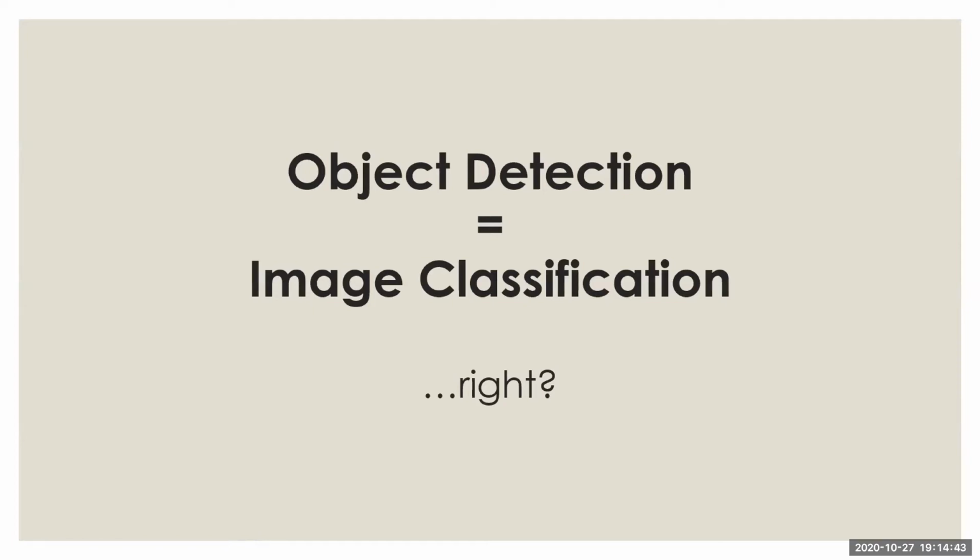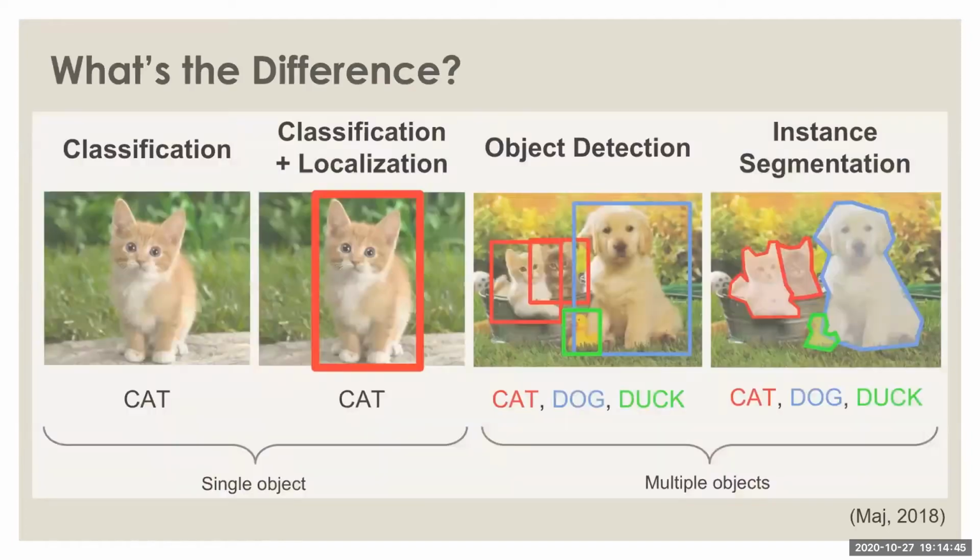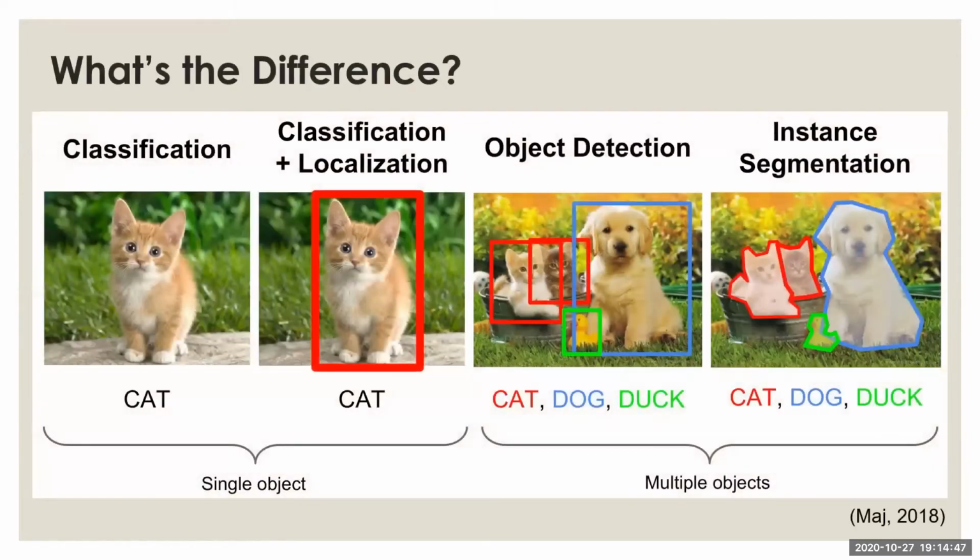All right, so what's the difference between object detection and image classification? On the left here, we have our usual classification problem. We have an input image, which is a cat, and the model should be able to classify that it's a cat. That's just image classification, which we can solve using the CNN. And then one level above that is classification and localization.